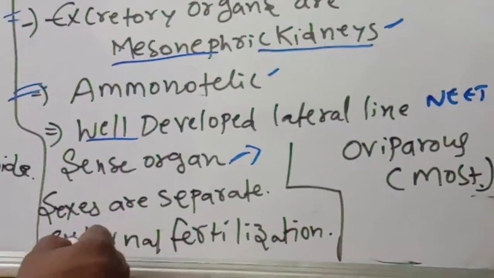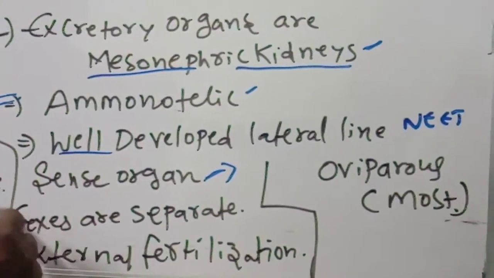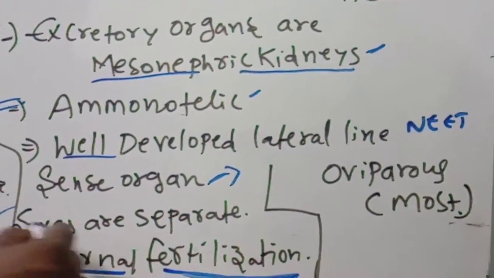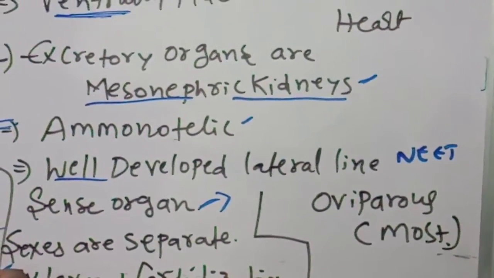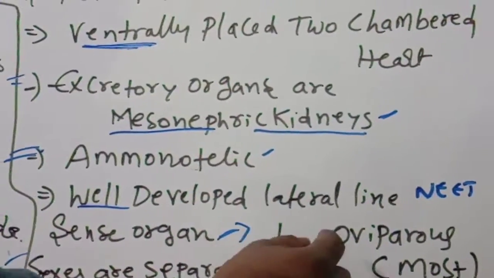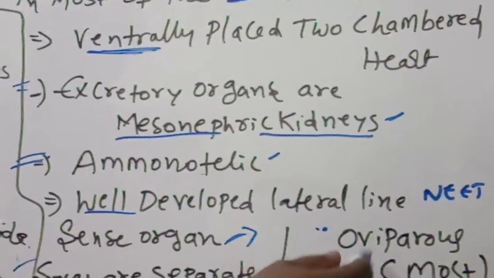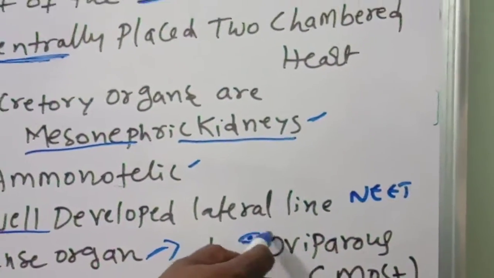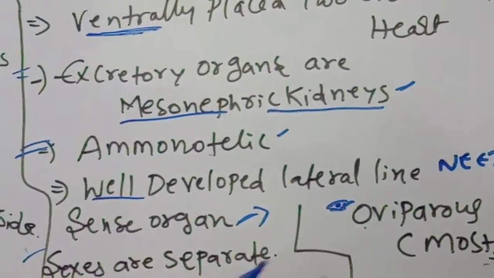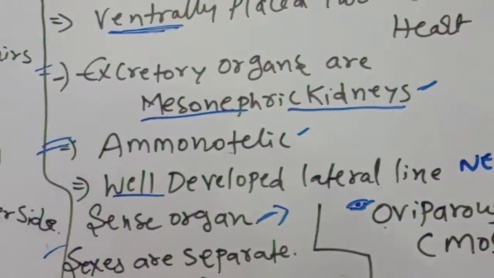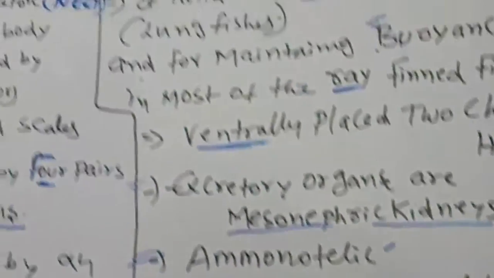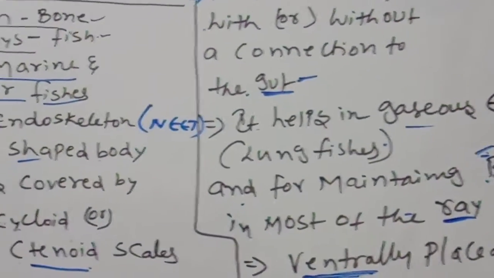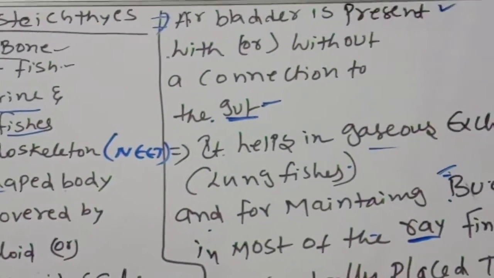The sexes are separate, male and female, and they show external fertilization, meaning the combination of male and female gametes takes place outside the body. Most Osteichthyes are oviparous. So these are the general characters of Osteichthyes. Now we will discuss the examples of Osteichthyes.